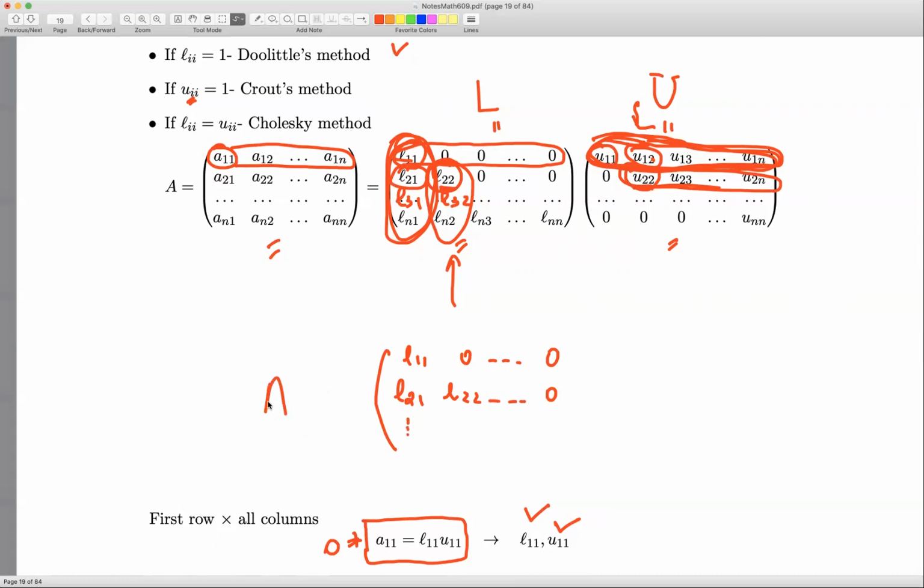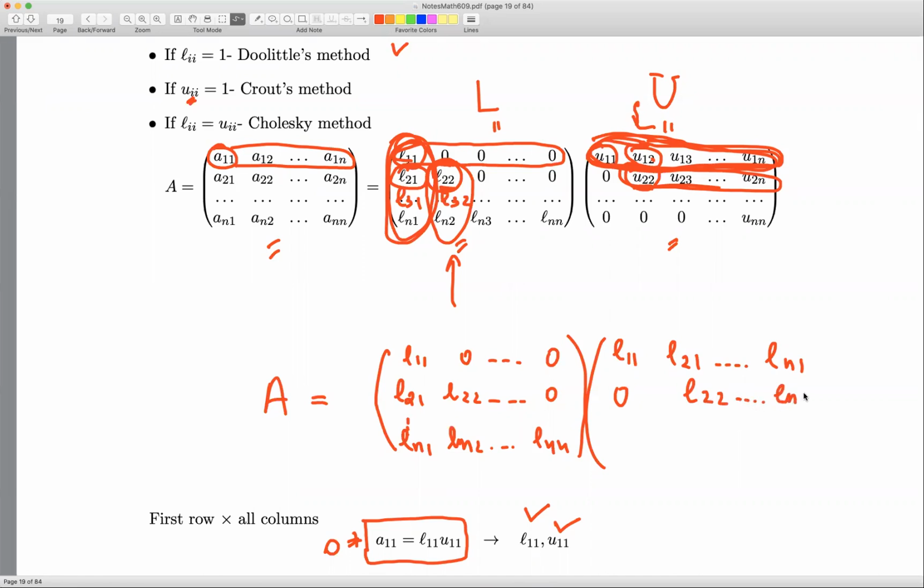So we will have that A is equal to this matrix with rows up to Ln1, Ln2, Lnn, times the transpose of this, which will be L11, L21, and so on, Ln1, and then 0, L22, and then Ln2, and so on. At the end, we'll have 0, and we will have Lnn.